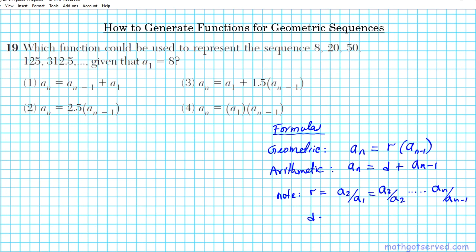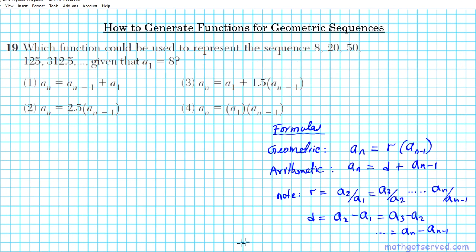Alright? And then the common difference is basically the term minus the term before it. Okay, a2 minus a1, or a3 minus a2, or an minus an minus 1. Alright? So that's that. Now let's look at what we have here.